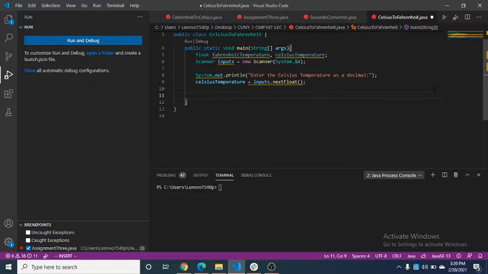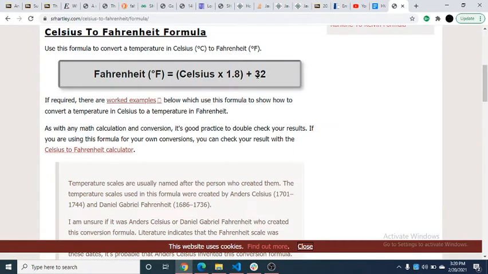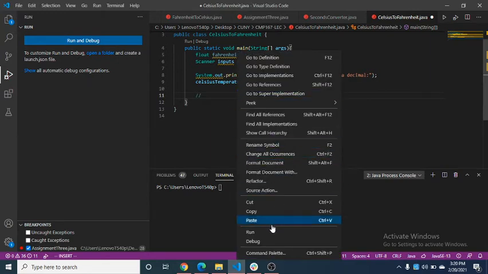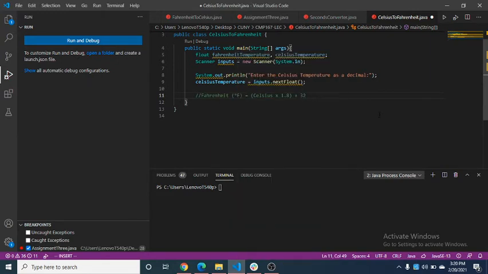And then I'm going to look at the equation for converting Celsius to Fahrenheit, right? Can we copy? I'm going to put it right here, just so I can see it in front of my face as I figure out how I'm going to set this up. Okay.